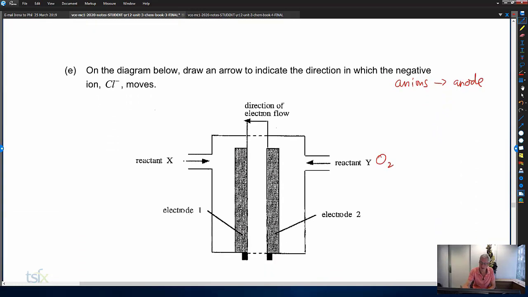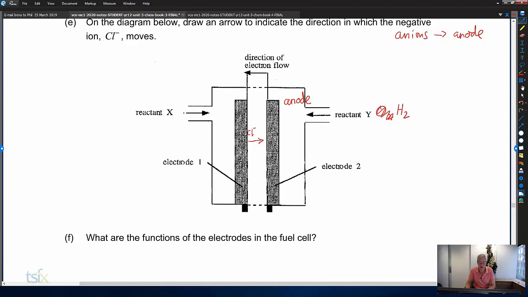So we had our oxidation here. Scrub that. That's the hydrogen coming in, being oxidized. And so that's the anode. But we had that on the original diagram, put it on again. Anions will go to the anode, so your Cl- ions in the electrolyte are going to be heading that way, from electrode 1 to electrode 2.